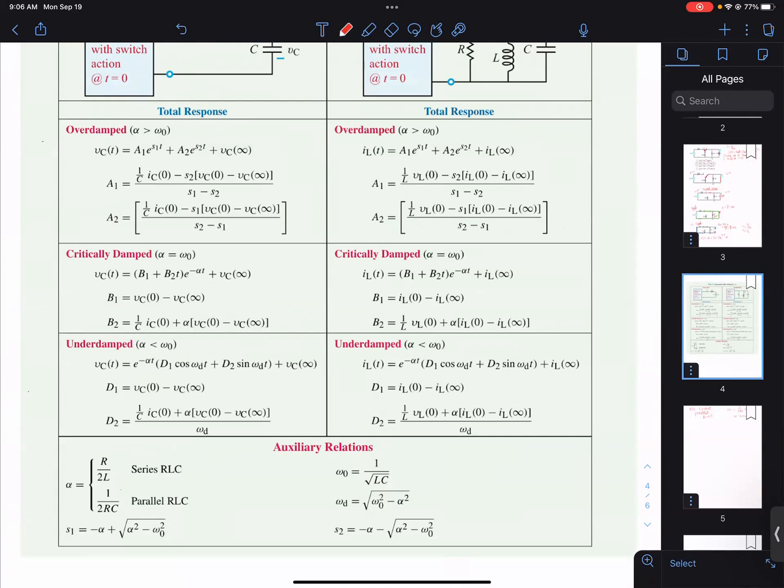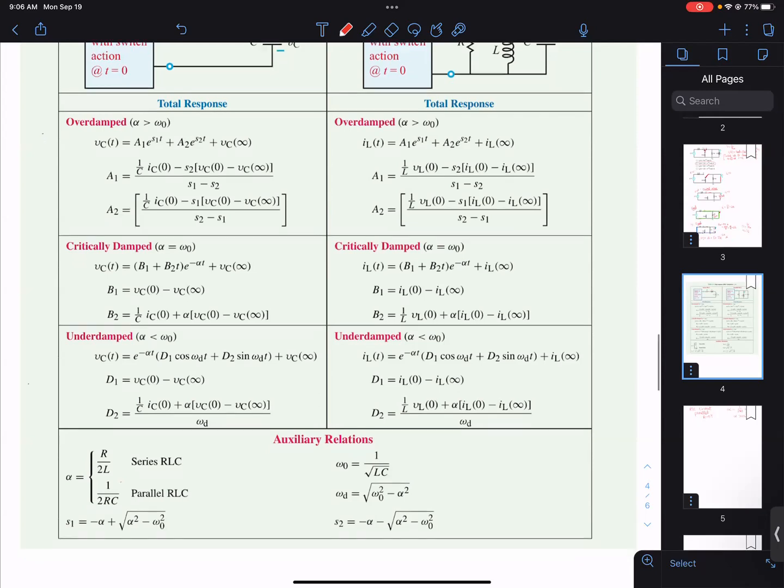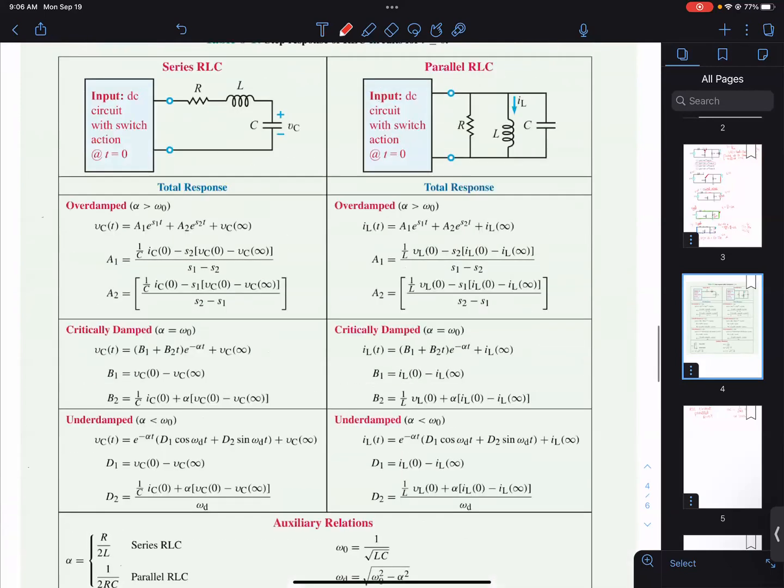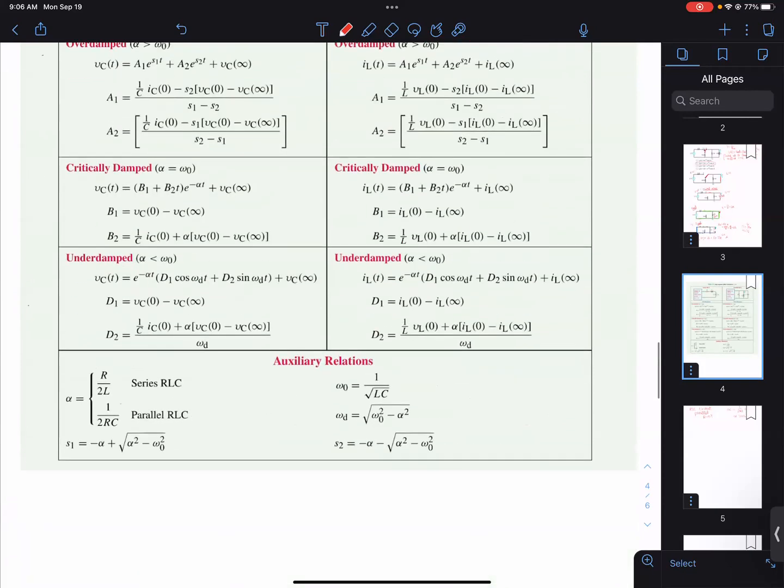Okay, other questions? Wait, so in that case, if alpha is infinite, how can I get s1? They would be infinite too, right? So there's no roots, there's no solution.